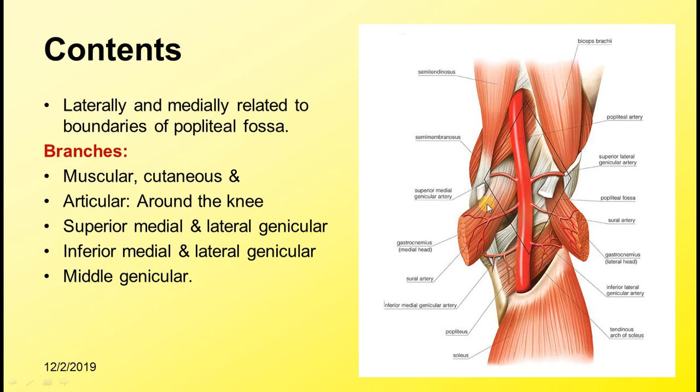There is also one more branch, called the middle genicular branch, piercing the oblique popliteal ligament. Anything with the name middle genicular will pierce the oblique popliteal ligament. Just remember that.